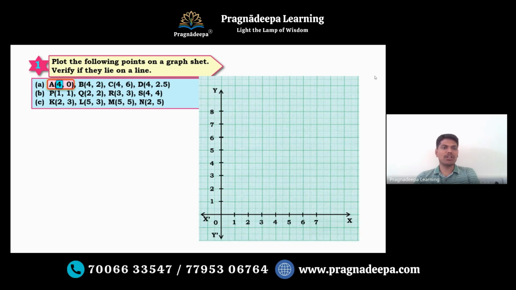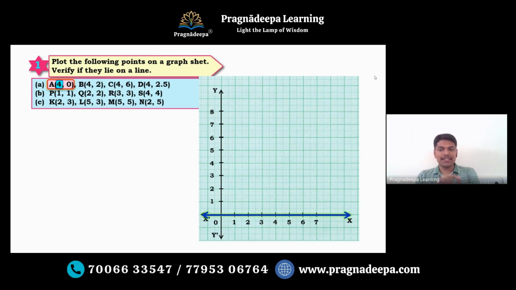So let us plot point A. Point A is to be plotted as 4 comma 0. So first you have to go 4 units on the x-axis and 0 units on the y-axis. Always remember, whenever you are plotting on a graph, it has two coordinates. The first number always represents a point on the x-axis. The second number represents the point on the y-axis.